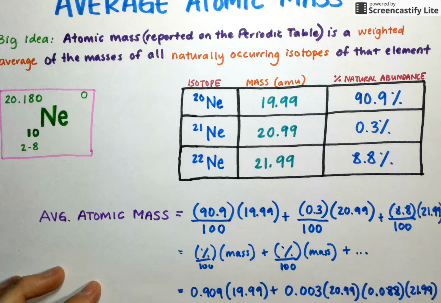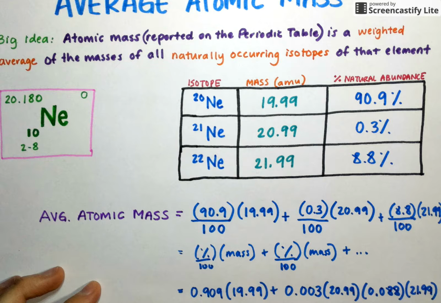So what we see in this calculation is that average atomic mass is always equal to percent abundance times mass plus percent abundance times mass, as many times as we need to include all naturally occurring isotopes of that element.